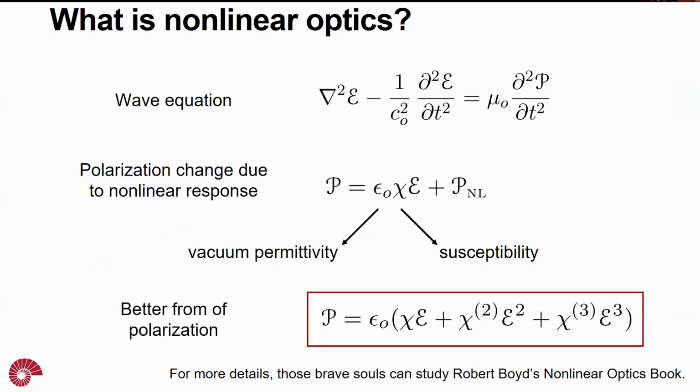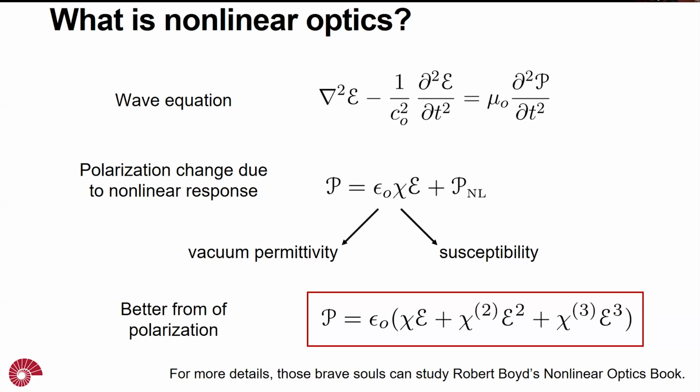And when you put it there, you will notice that actually we can always explain this polarization in a better term. It looks like a Taylor expansion, right? What we have actually is the chi, this tensor of the material property, and it tells us a lot of interesting stuff.